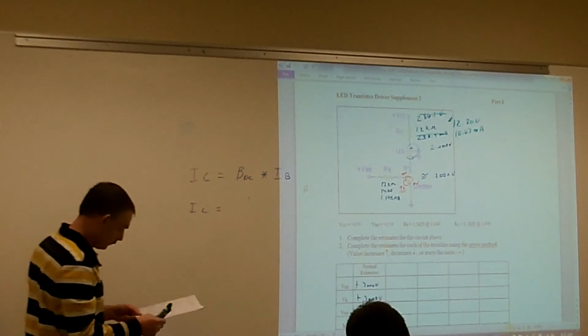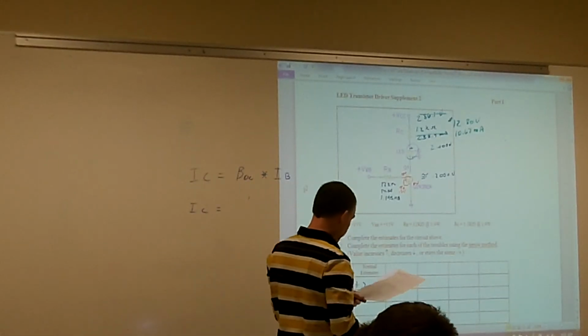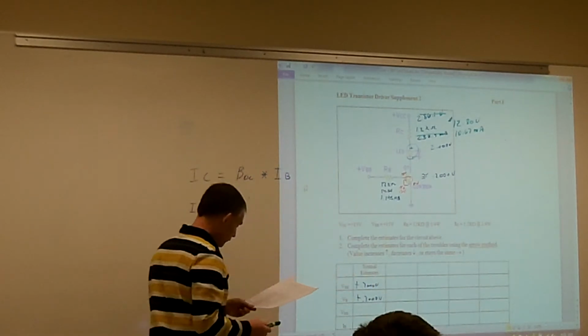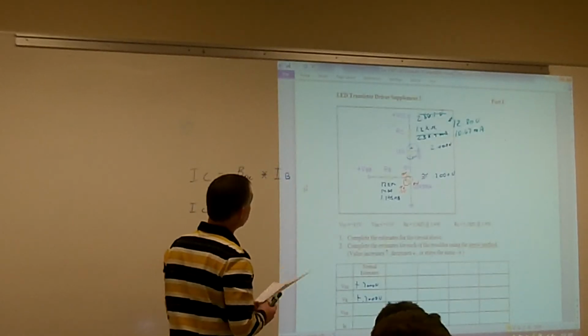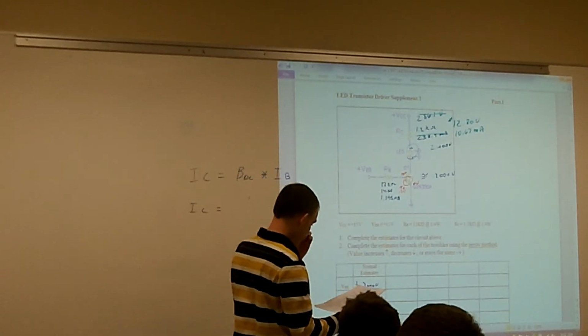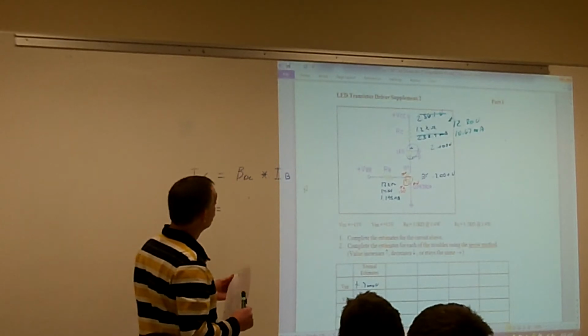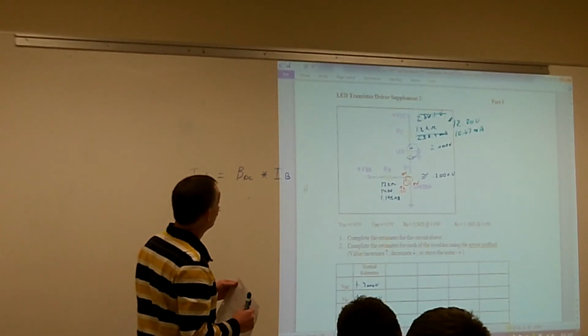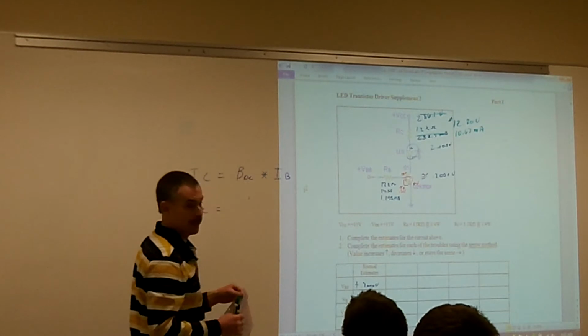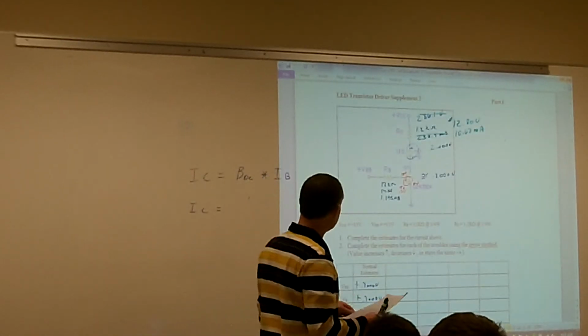And so the LED would be turned on. And then we still assume BC is 200. Then your voltage across CD would be 100 millivolts.